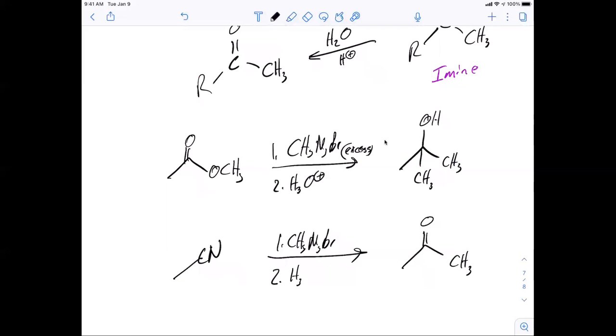And I could put excess on here. It's not necessary to put excess, you'd still get the same product.